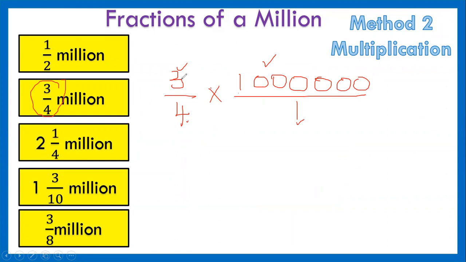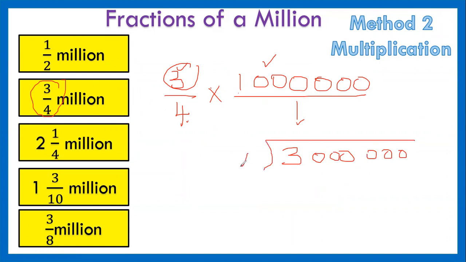It's the same thing. But if you want to make life a bit more difficult, take 3 times 1 million and you will get 3 million. And then take this 3 million and divide by 4.